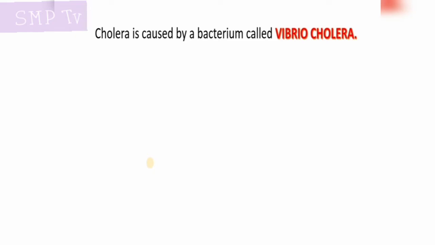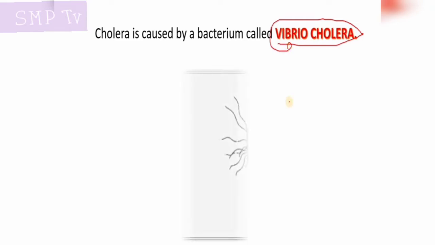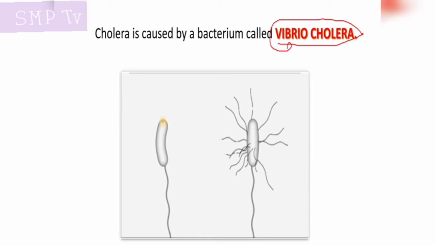Cholera is caused by a bacterium called Vibrio cholerae. It's a bacterium that causes the disease called cholera. So this is an example of the Vibrio cholerae.